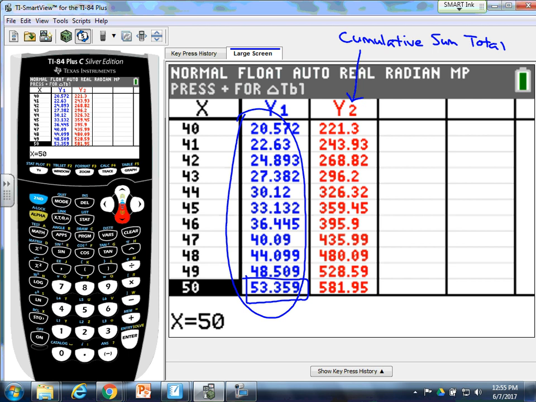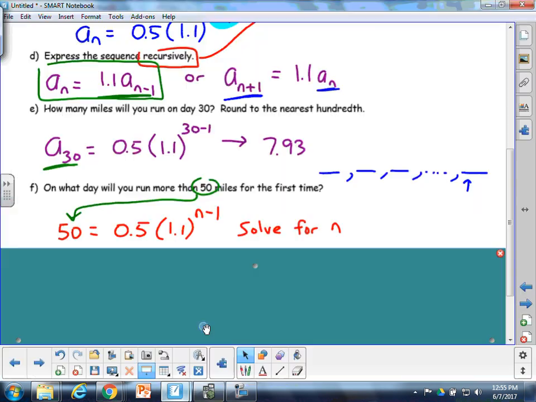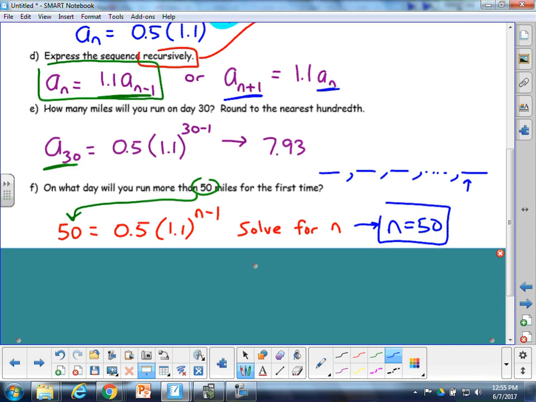So that's what we're looking for in part F. And again, the way I found that was just plugging the explicit formula into Y1. So we end up getting n is 50, the 50th day there.